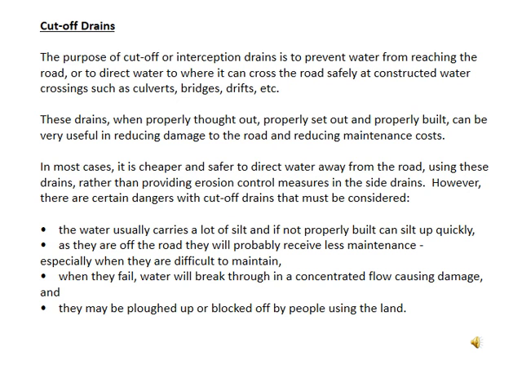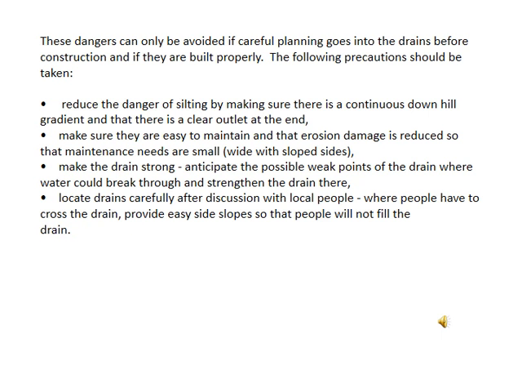So these dangers can be avoided if careful planning goes into the drain before the construction and they are properly placed. So therefore we need to reduce the number of blockages of the drain.